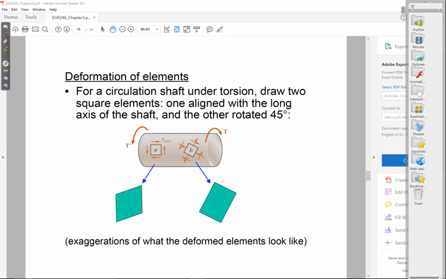Here's another very important property about brittle materials. A brittle material is usually very strong in compression. It's pretty strong in torsion, but it is extremely weak in tension. That's why you would never try to put concrete in tension.